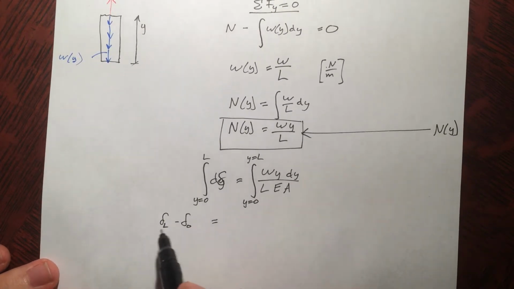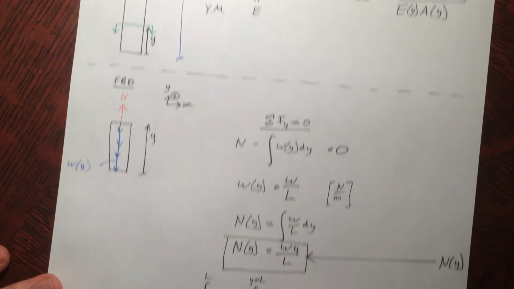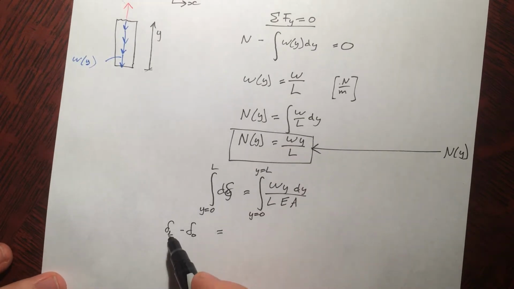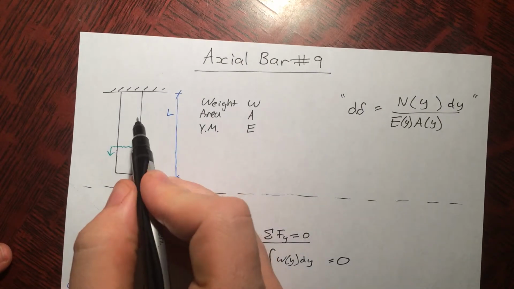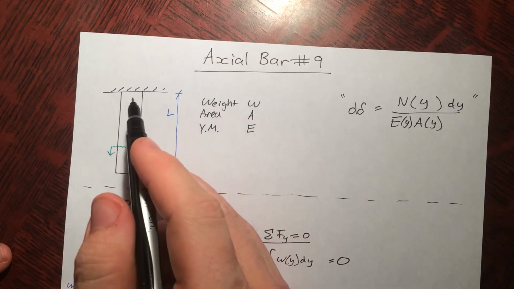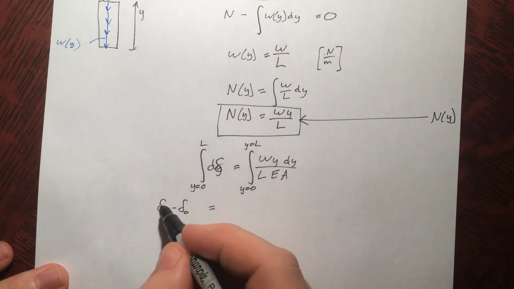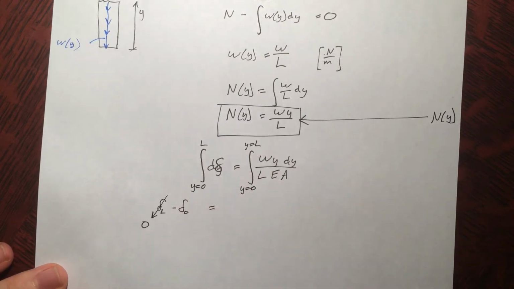We're always integrating from the base of something out to the end of something. So the delta at y equals L, in this case, is going to be 0, because when y equals L, it's at the fixed base, so that's not moving.